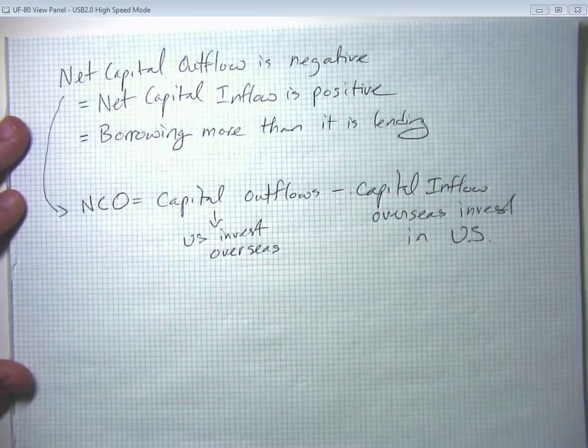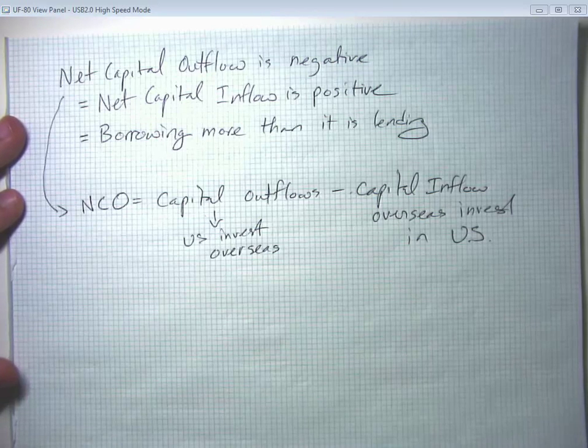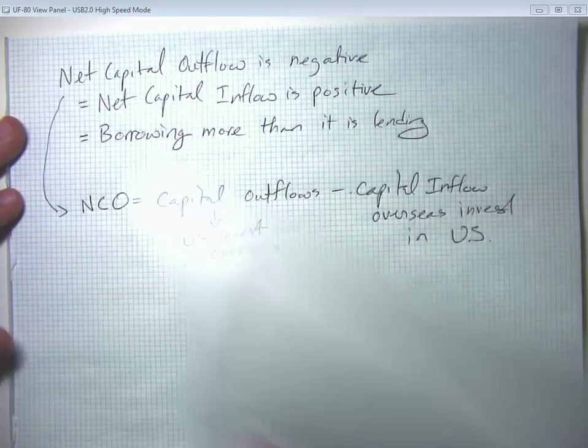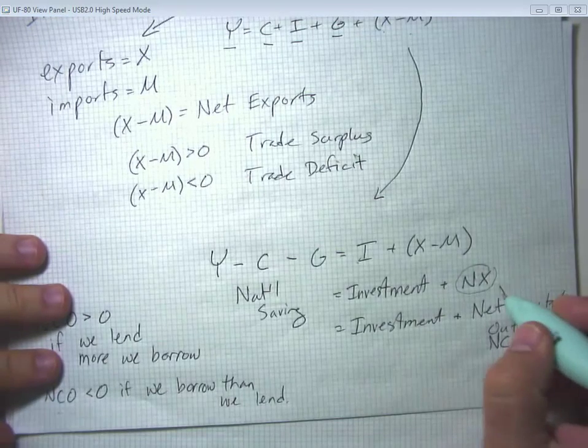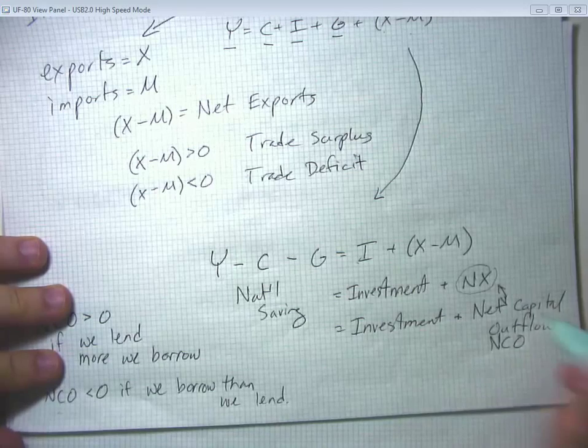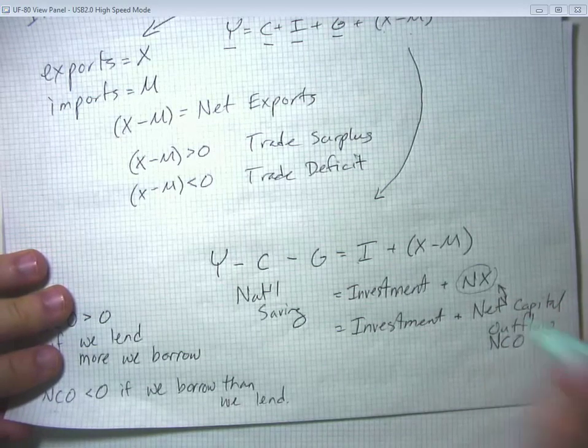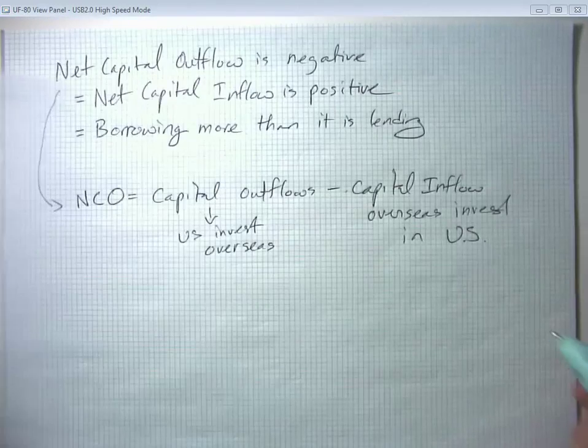Okay. So another way of looking at all this is that if you go back here, realize that what we've essentially said here is that net exports equal net capital outflow.